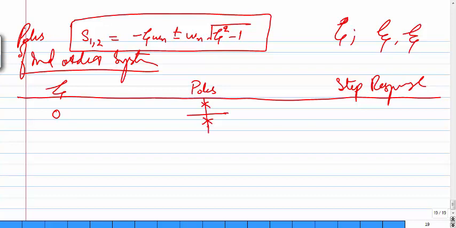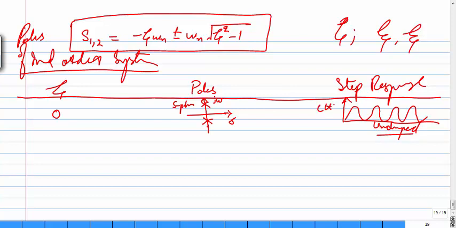This is my S plane, with the real part and the j omega part. Because this is an undamped system, you have pure oscillations. So the undamped response is when zeta equals 0, and this is your response C of t as t tends to infinity.